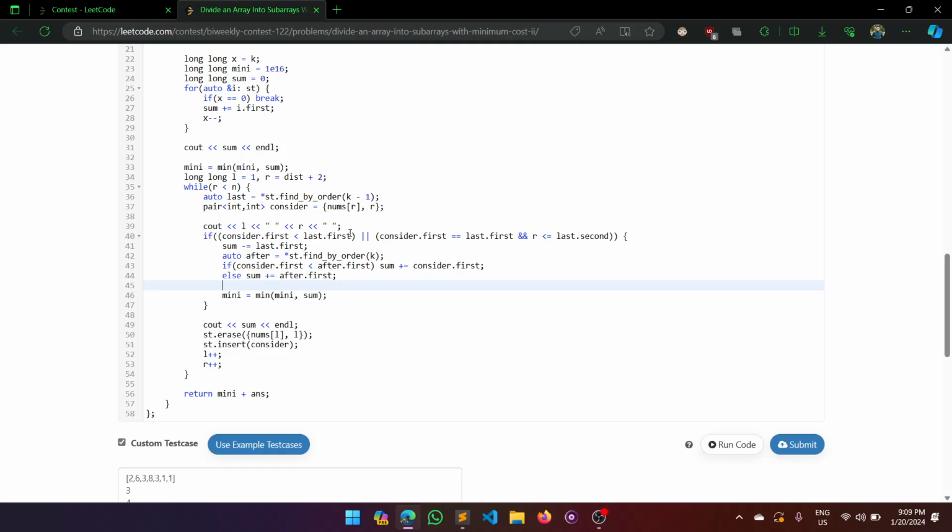There's a bit of brainstorming here. So if the element that we're considering is okay, we'll divide it into two parts.